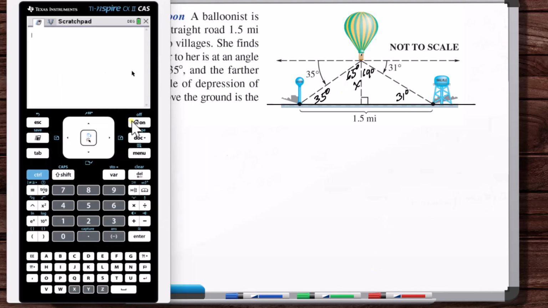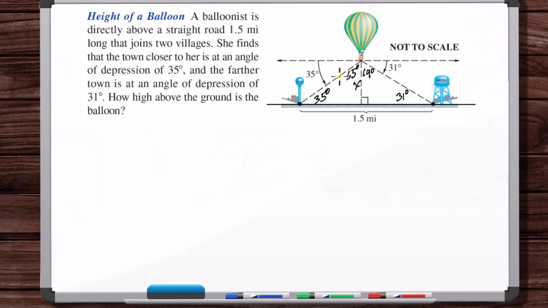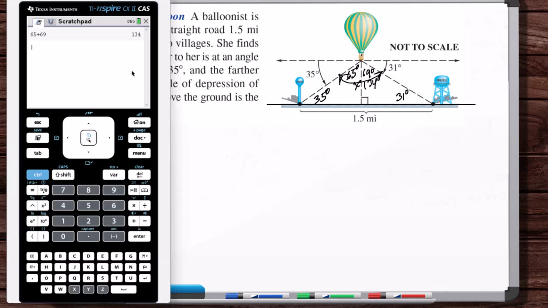We can verify this. So let's do 65 plus 69. So this angle should be 134. So 180 minus 134 minus 35 should be 31.